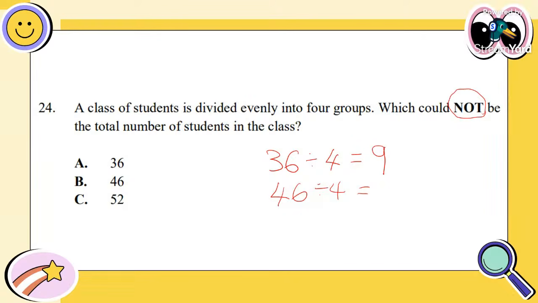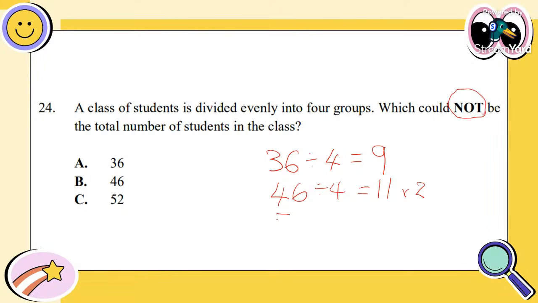All right, so 46 divided by 4 will be 11, and you have a remainder of 2. We can put it like that, or we can write it as a fraction.